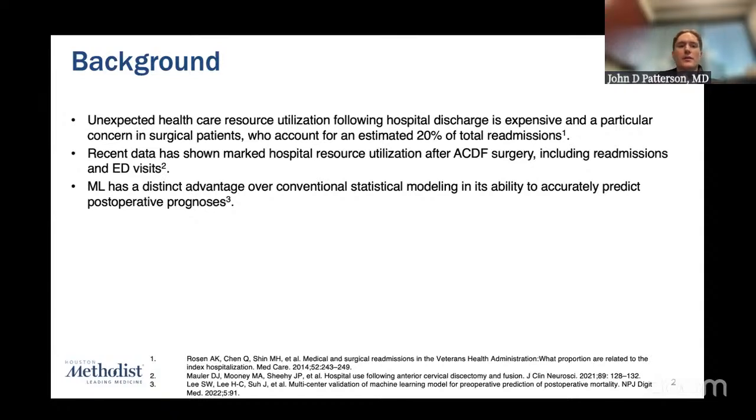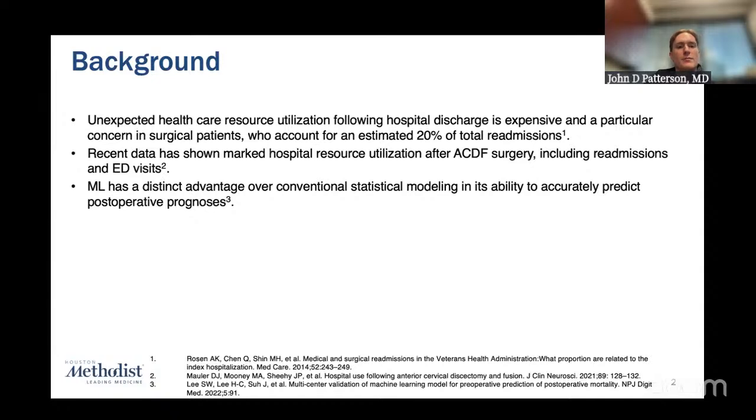One of the concerns after anterior cervical surgery is a hematoma or something like that, so pretty much everybody has a low threshold to send a patient to the ER if they call with concerns. AI is one area within ACDF where these predictive algorithms can help us minimize some of those concerns.